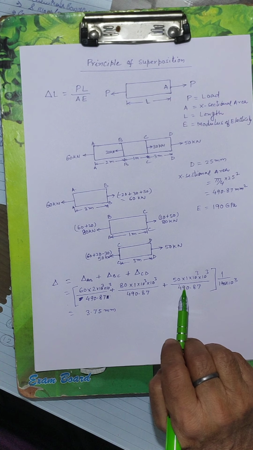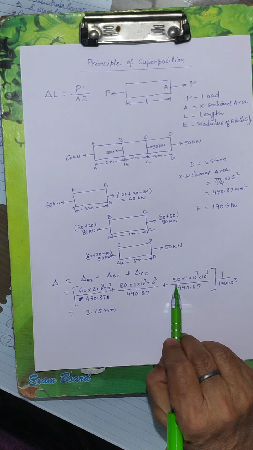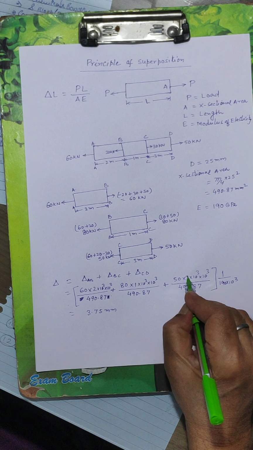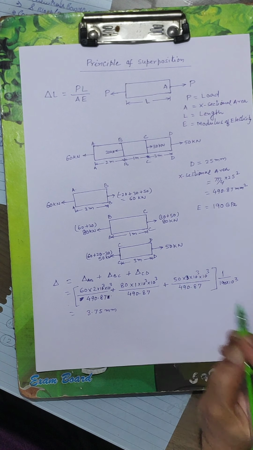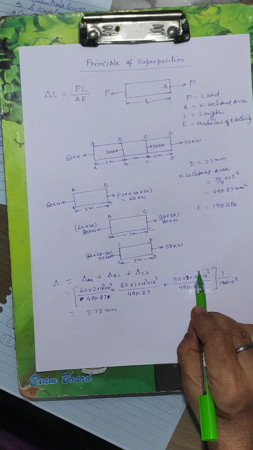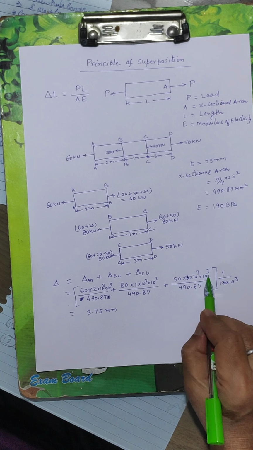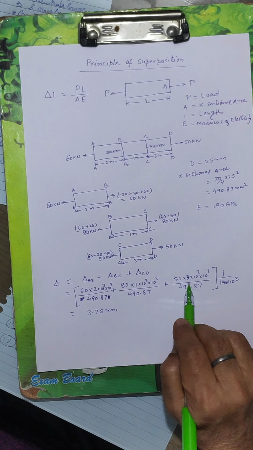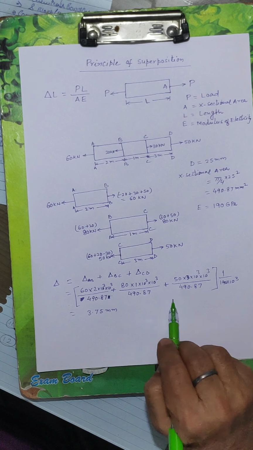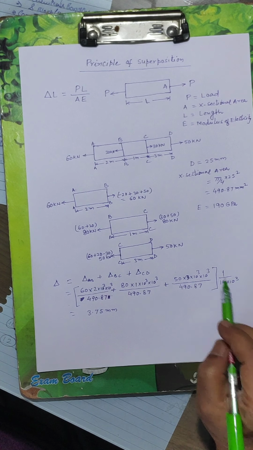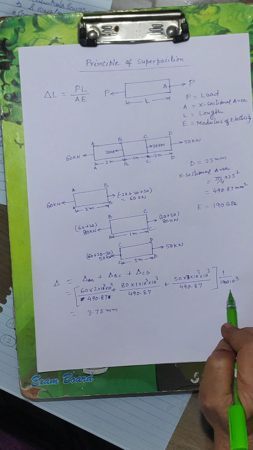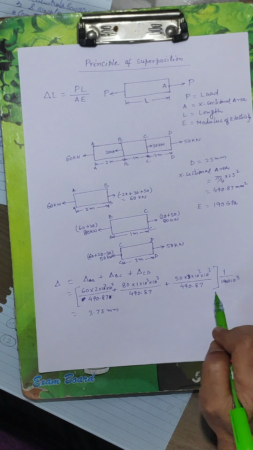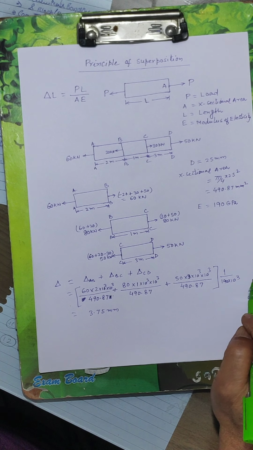CD is subjected to 50 kilonewton. So we take 50 into length is 3 meter. 3 into 10 to the power 3 multiplied by 10 to the power 3, because 50 is again kilonewton and 3 is in meter, so we have converted it into mm, divided by 490.87, and we have taken outside capital E, that is modulus of elasticity, and we put the value of modulus of elasticity is equal to 190 into 10 to the power 3.